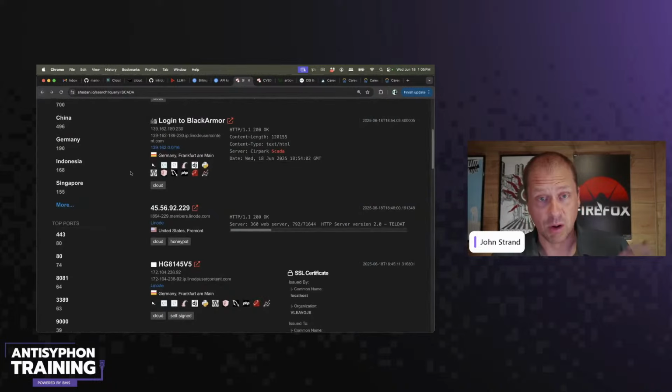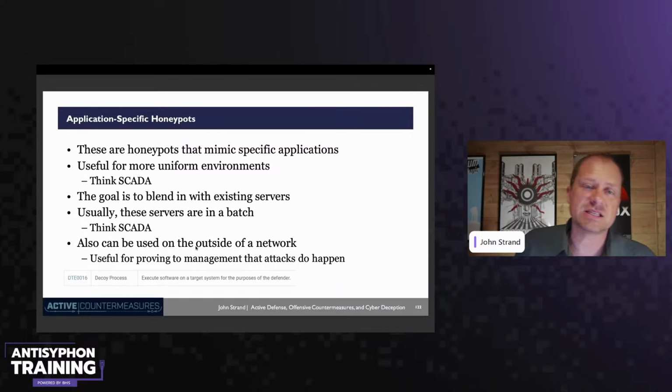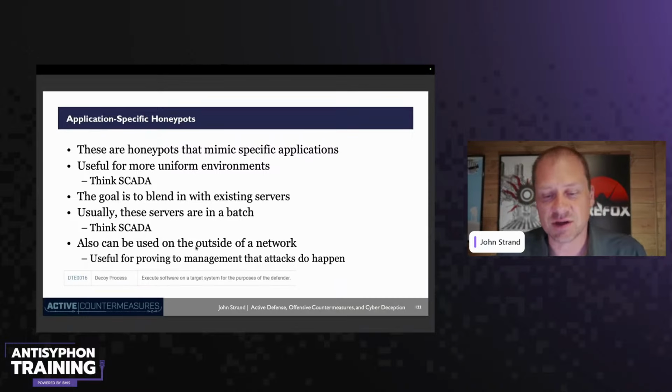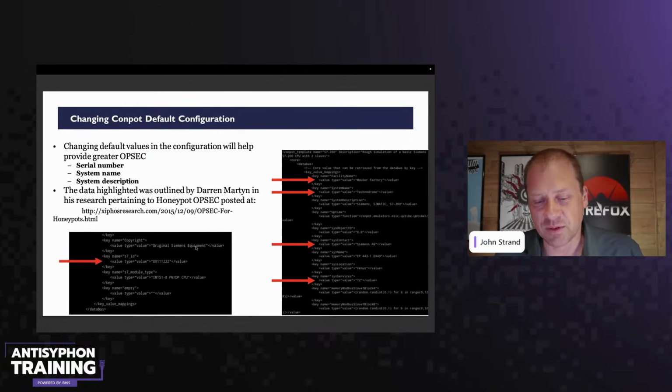And once again, the reason Shodan is able to identify these as honeypots is because there's a specific configuration in a specific type of honeypot that basically lights it up. So here's an example of Conpot, and this is some research that was done a number of years ago. These values right here are all values that vulnerability scanners and other scanning tools will query, and they'll pull down that ID.